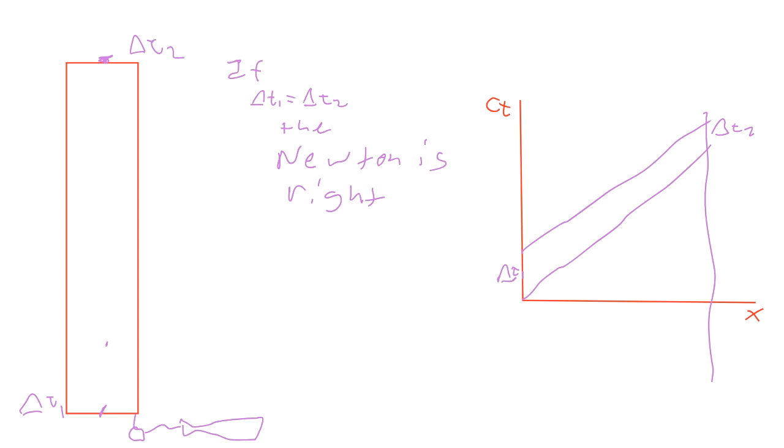Now, the more scary proposition: if delta T1 does not equal delta T2, then these lines are no longer parallel, right? That means that eventually they would come to cross. They're not parallel, and that requires Einstein to be right.